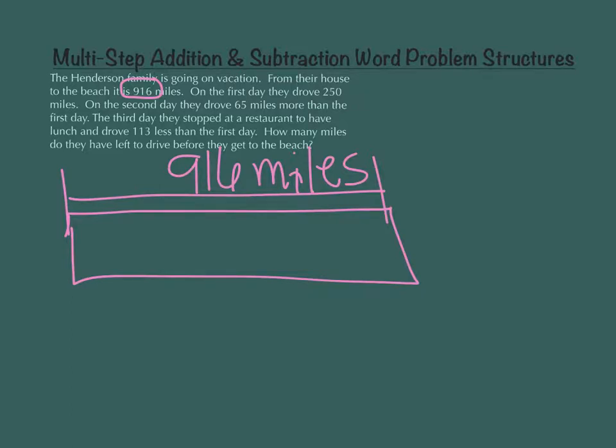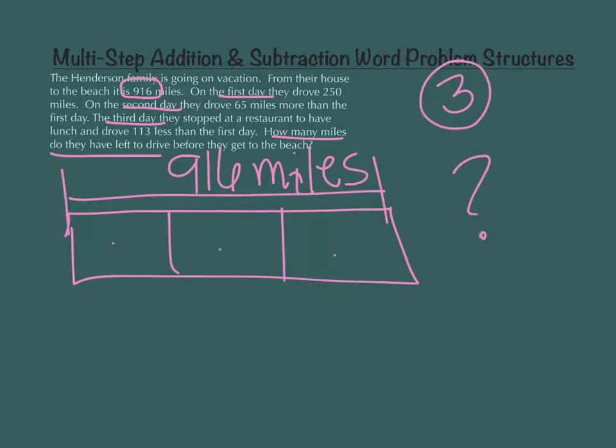So as I'm reading through, I see that it says the first day, I see second day, I see third day, and then I see how many miles do they have left to drive. Okay, so I know for sure that there's 3 days. But if I break this up into 3 and I put the numbers in each, will I have an unknown?